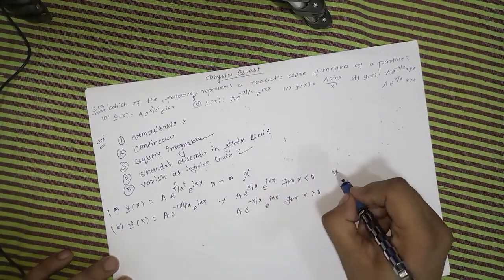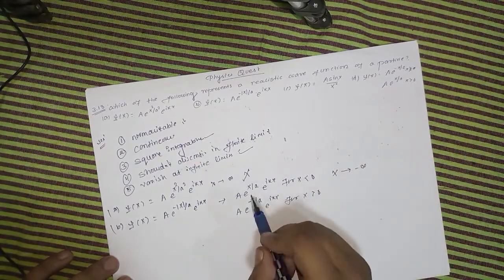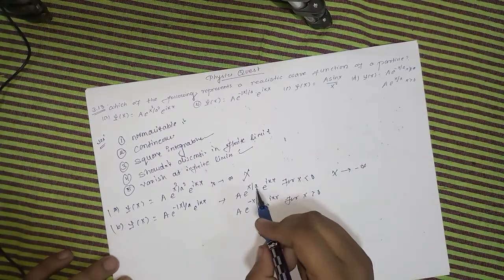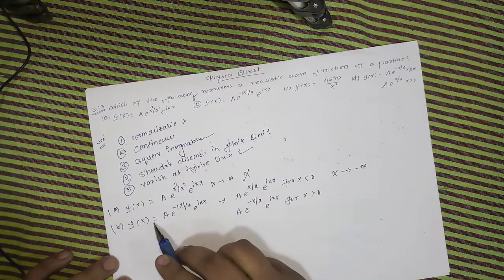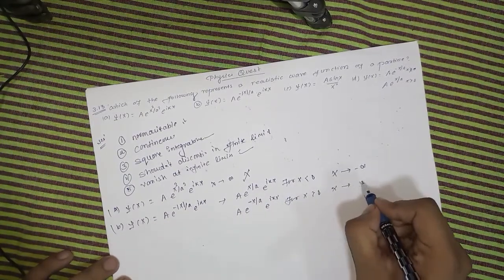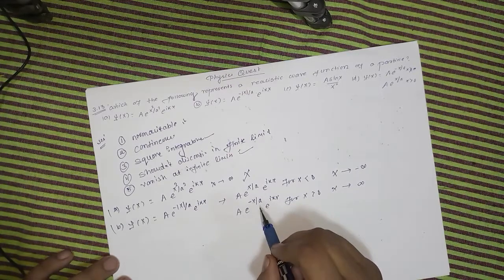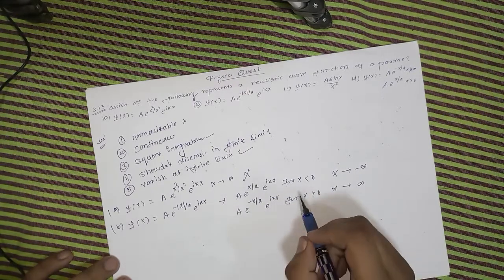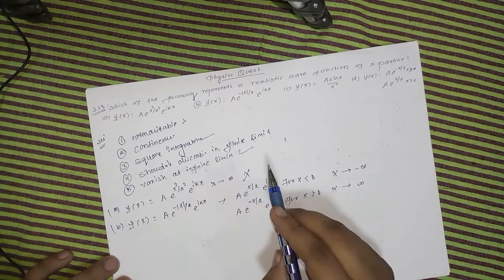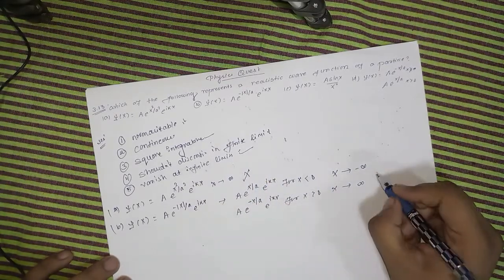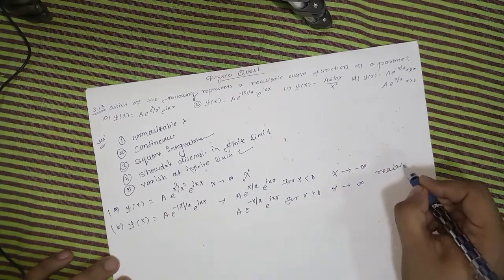You can see at x tends to negative infinity, the wave function vanishes, and as x tends to infinity, e to the power negative infinity will be 0, so it vanishes at infinite points and it is square integrable. That's why it is realistic.